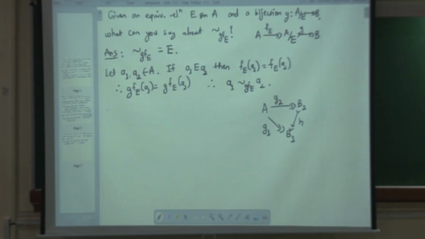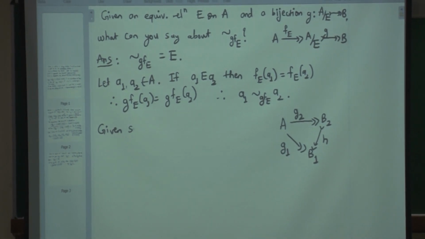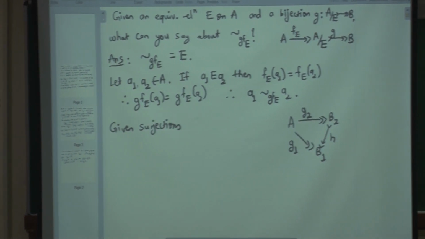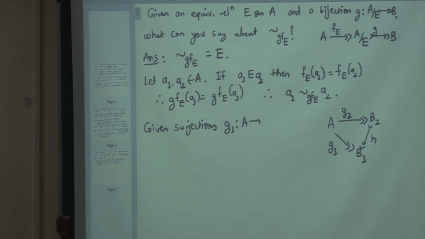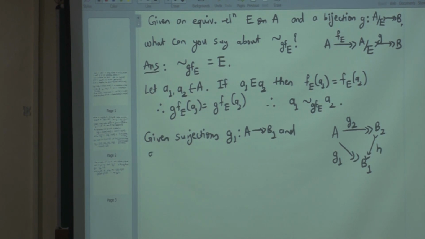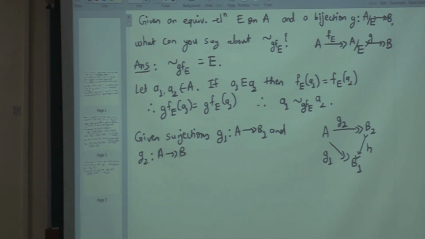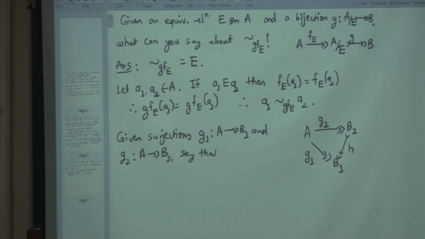Okay, so a quotient. Given surjections G1 from A to B1 and G2 from A to B2, say that G1 is equivalent to G2 if there is H from, well, I am writing it from B2 to B1, but you can as well write it from B1 to B2, such that H composed with G2 is equal to G1.